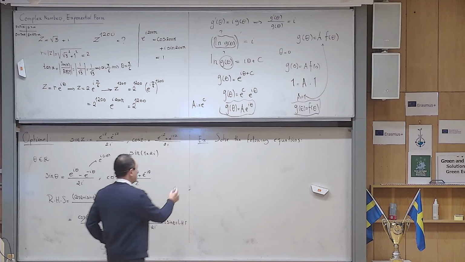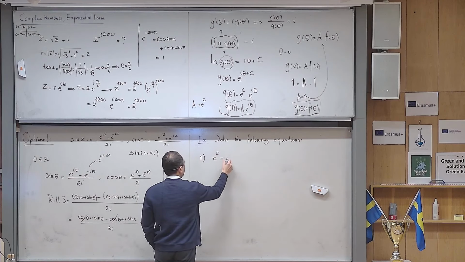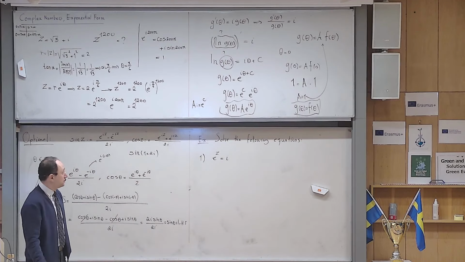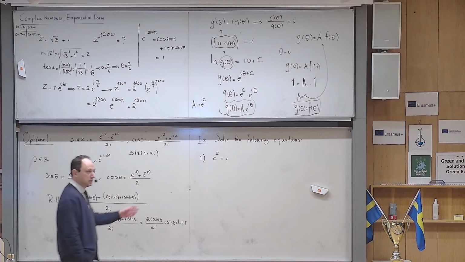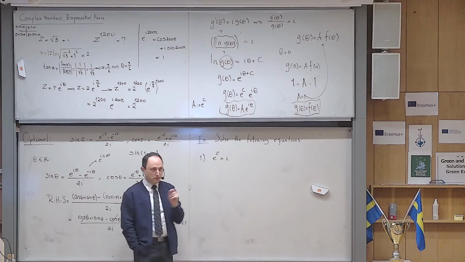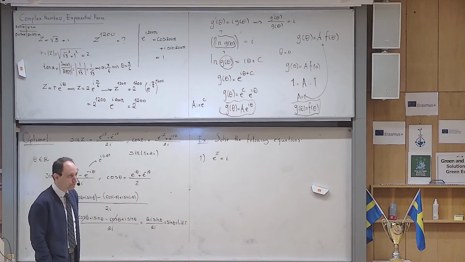So one question, I think that is still in the book, e to the power z is equal to i. So we want to find all of them. In the book, they have asked you to find one solution to this equation. As far as you find one answer that works, that problem in the book is finished. But let us make it a little bit more interesting by finding all of them.